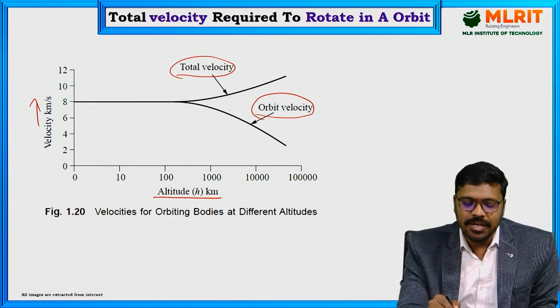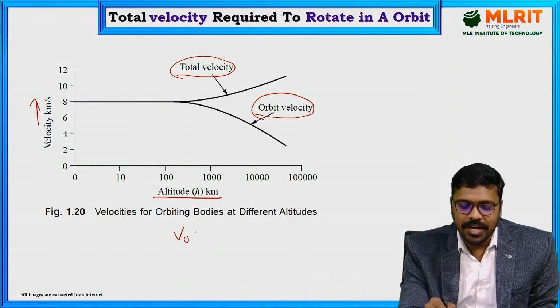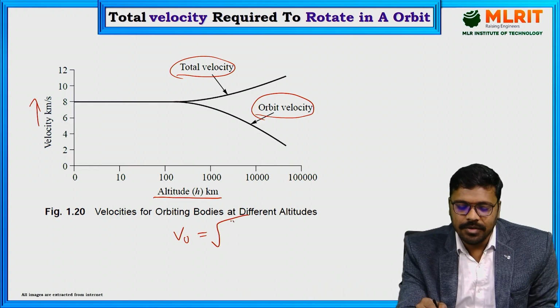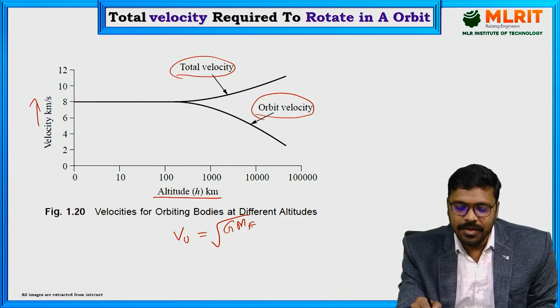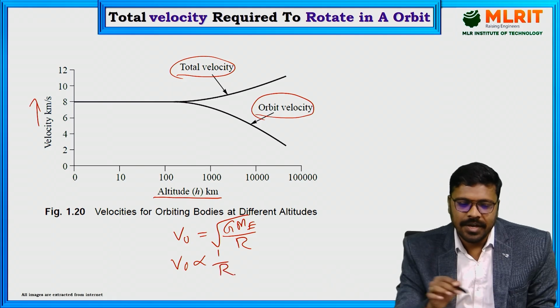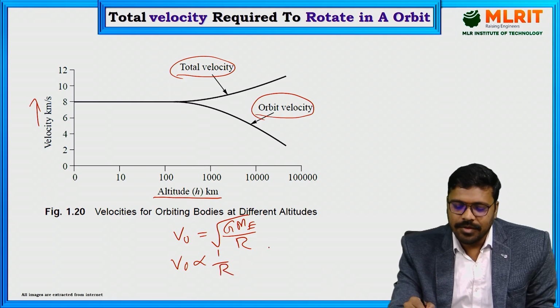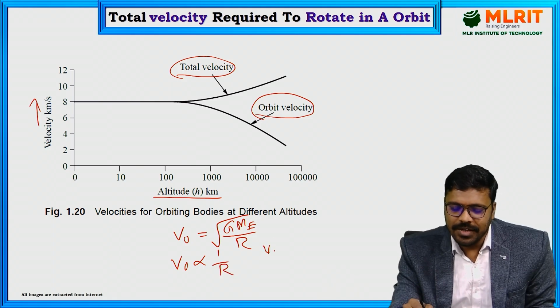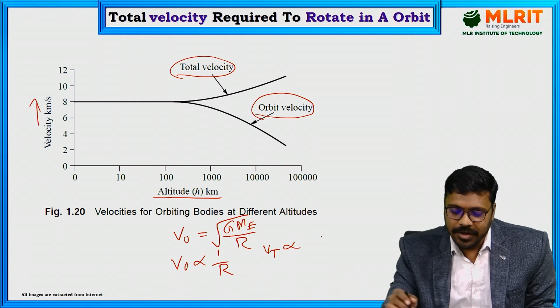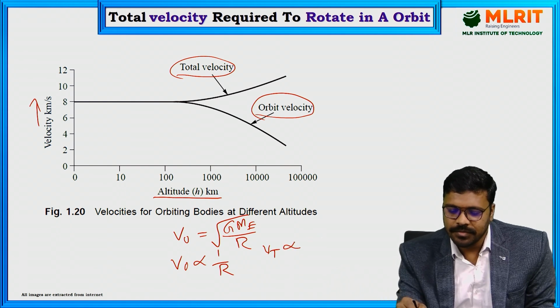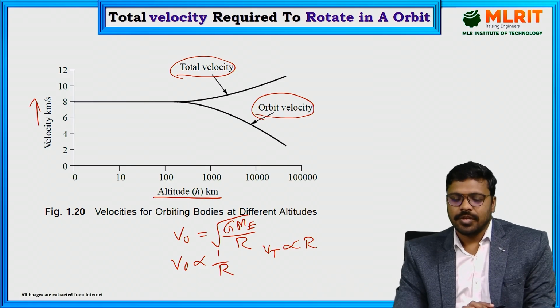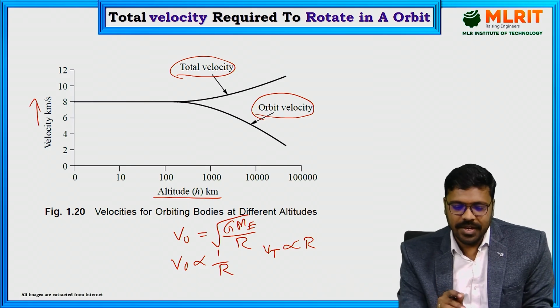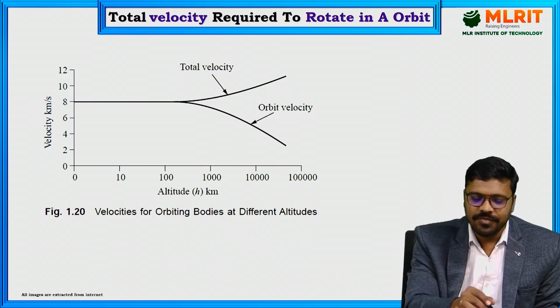Vo is equal to under root G Me by r. So here Vo is inversely proportional to the radius of the orbit, and total velocity Vt is directly proportional to the radius of the orbit.